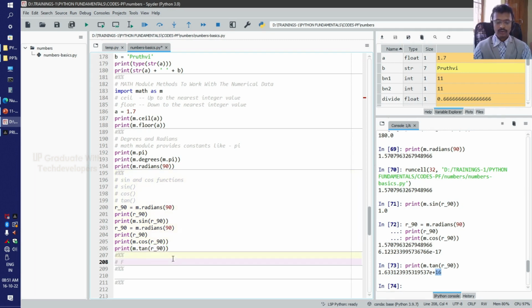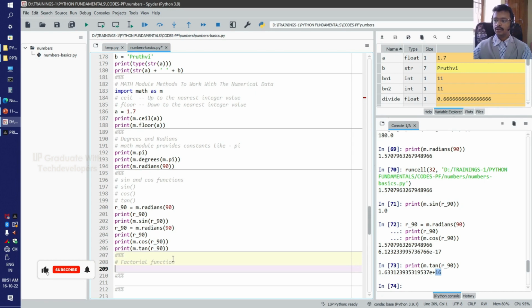We can use the factorial function to create the factorial of any positive integer which is available in the math module. This method will return the factorial value, which means the multiplication of all the numbers from the specified number until 1.